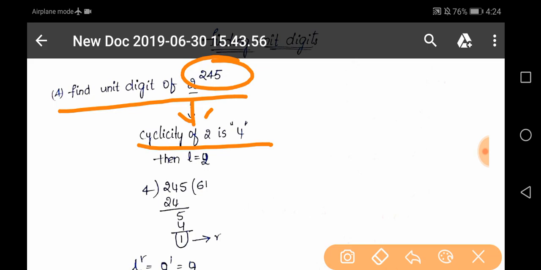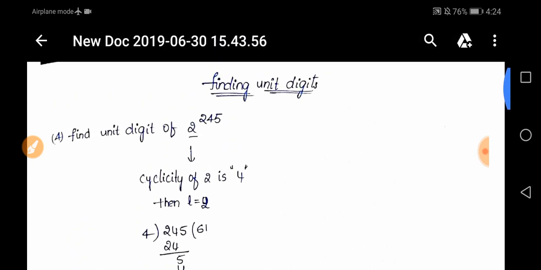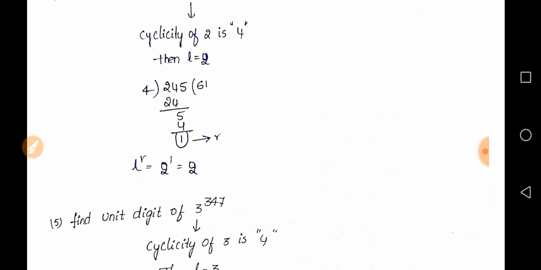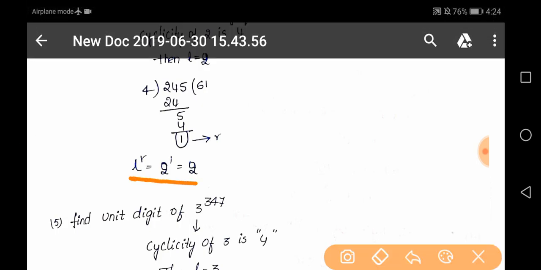When we divide it, we get a remainder of 1. The formula for the unit digit is L power R, where L is the last digit and R is the remainder. So 2 power 1 is 2, and the answer is 2. This is how you find the unit digits.